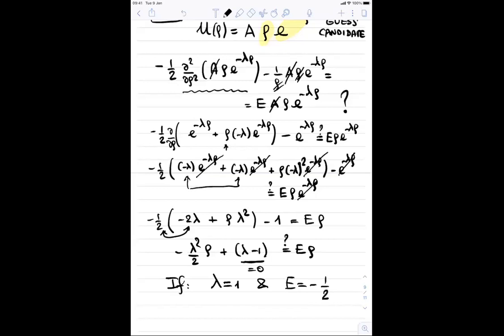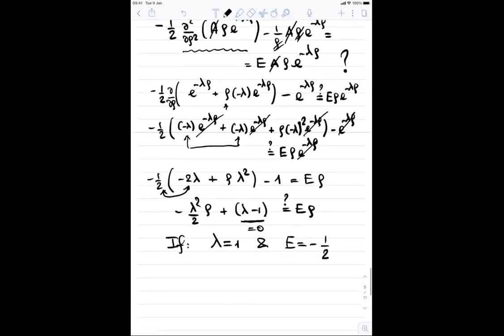Well, lambda is equal to 1, and the square root of 1. So if I take lambda equal to 1, I get a solution.